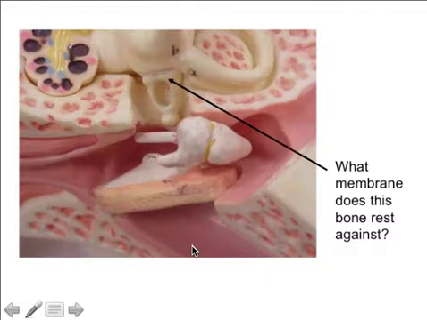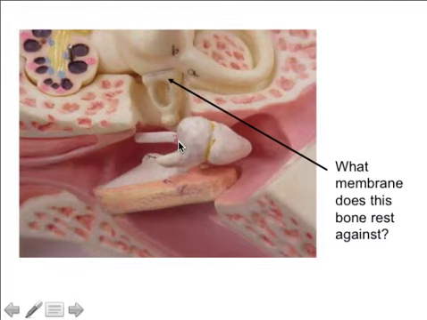What membrane does this bone rest against? Again, that is the oval window. Essentially, what happens when sound is transmitted to the eardrum is that the eardrum will vibrate, causing the malleus to hit the incus, which causes the stapes to vibrate, and that causes the fluid inside the cochlea to move.